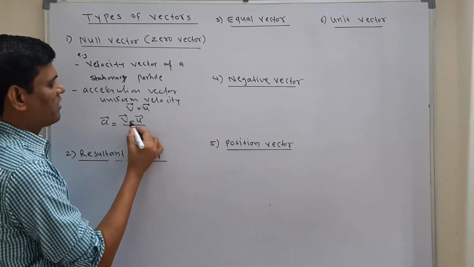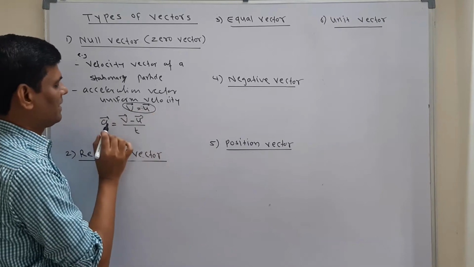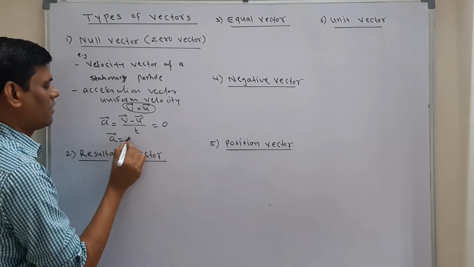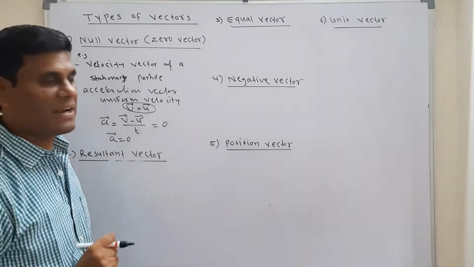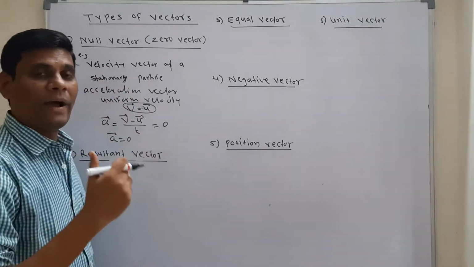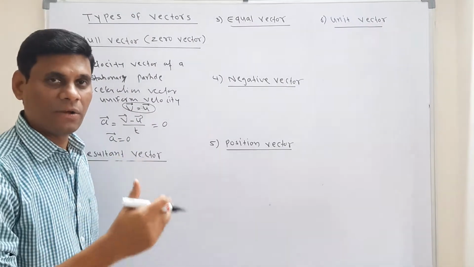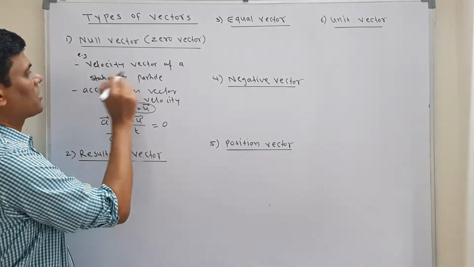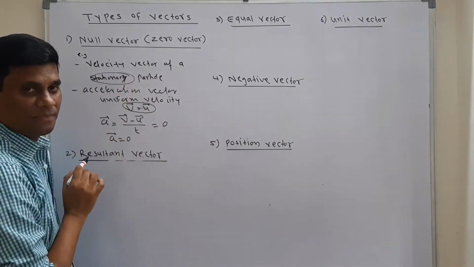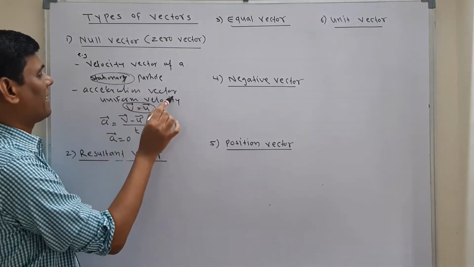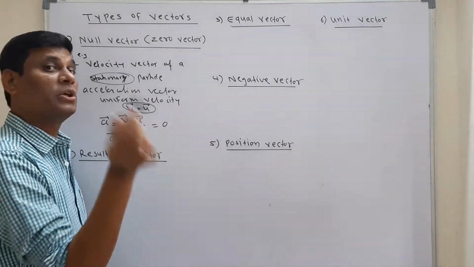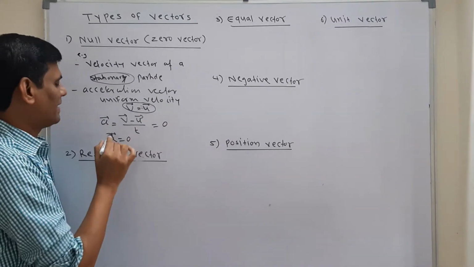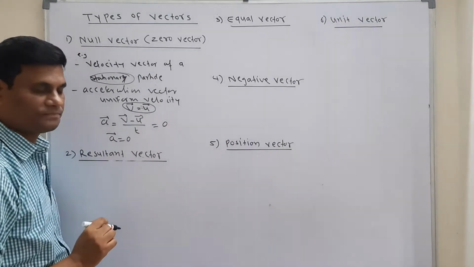If initial and final velocities are the same, then the acceleration vector is equal to 0. I repeat students, a vector having 0 magnitude with a particular direction is called a null vector. Example, the velocity vector of a stationary particle, and second, the acceleration vector of a particle moving with uniform velocity. Uniform velocity means initial velocity and final velocity are the same. In that case, the acceleration vector is 0.